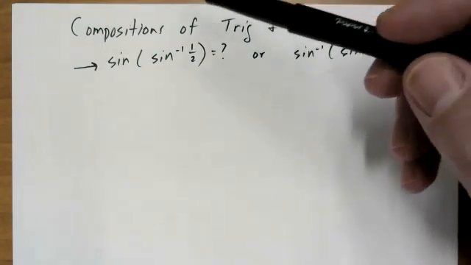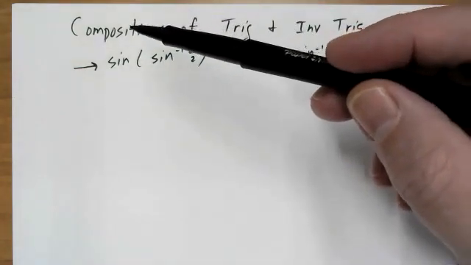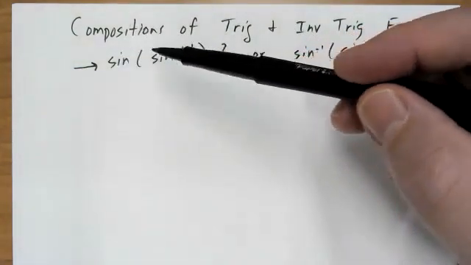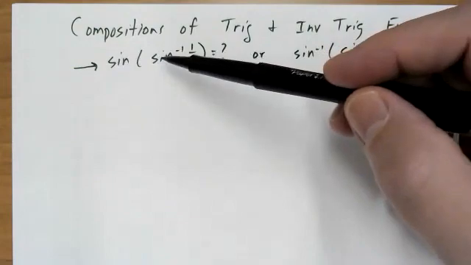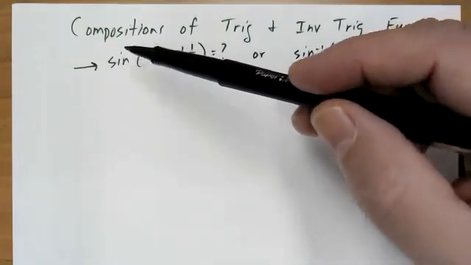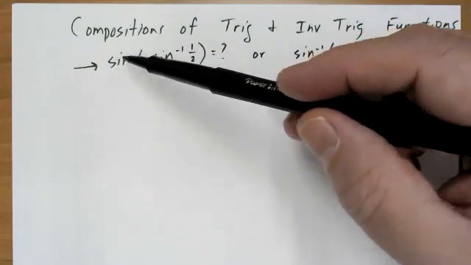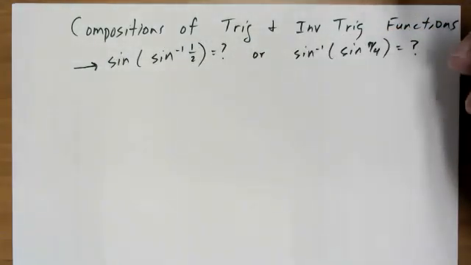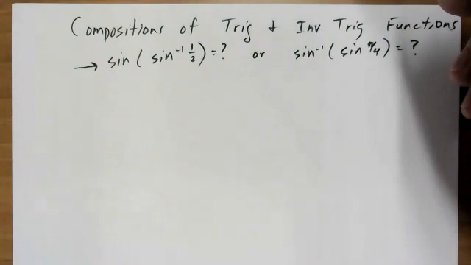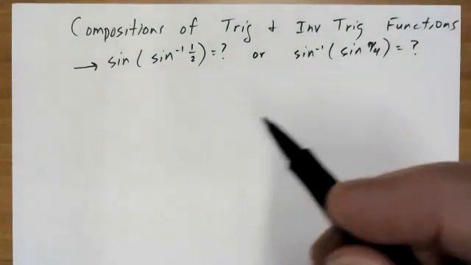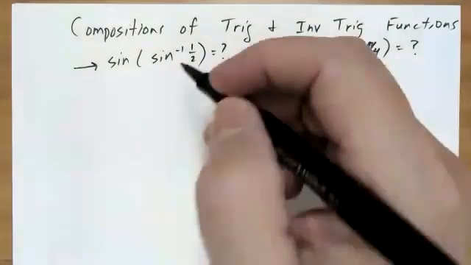Let me explain the principle of trig functions and inverse trig functions. These act like opposites, or they reverse each other. That's what inverses typically are. Let me give you an example in algebra that I think most of you have seen before.